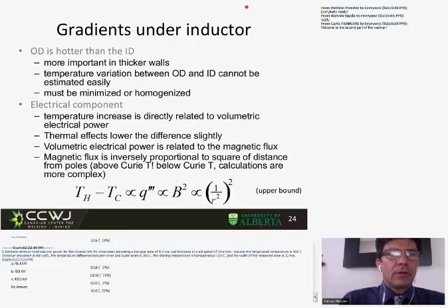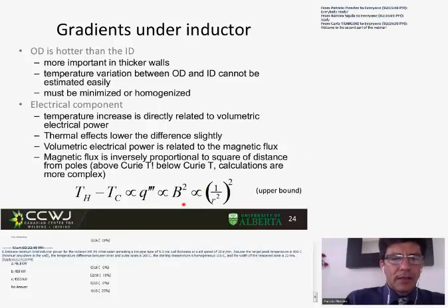So where does this inhomogeneity come from, these temperature differences between inside and outside of the bead? We already mentioned that there is this electrical component in which the temperature difference depends on volumetric heating.